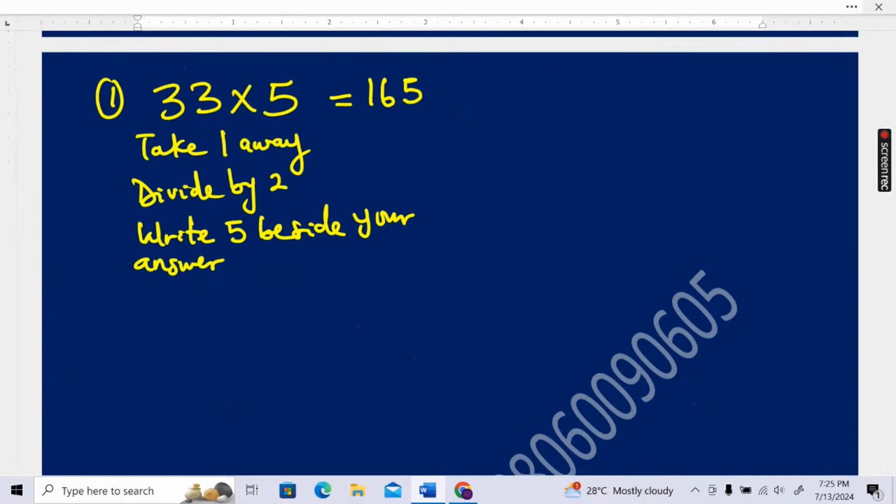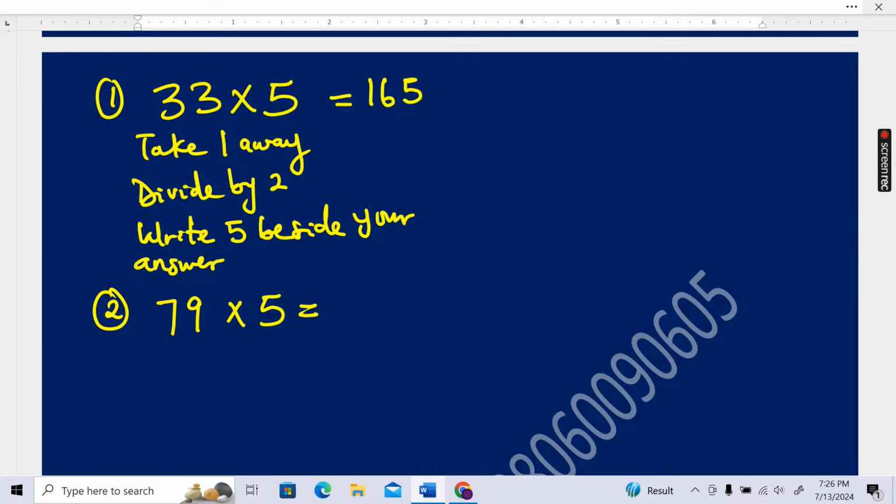Another example of multiplying odd numbers by 5: 79 times 5. 79 is an odd number because it ends with 9. So the first thing is to take 1 away from 79. That will give us 78, okay? Then divide 78 by 2.